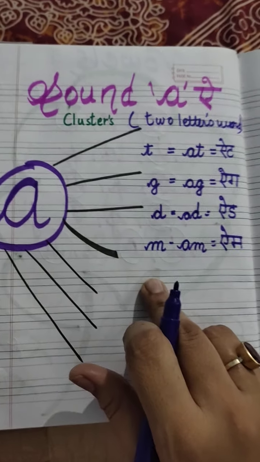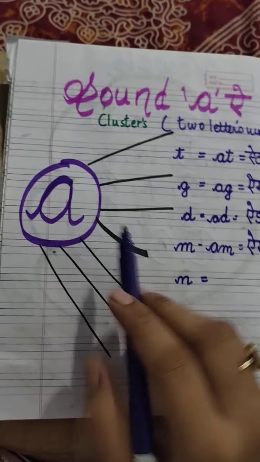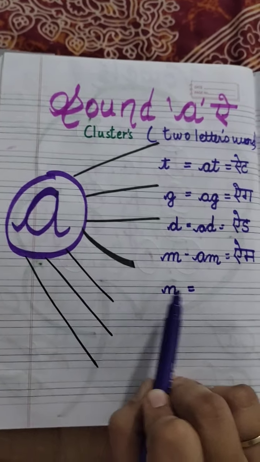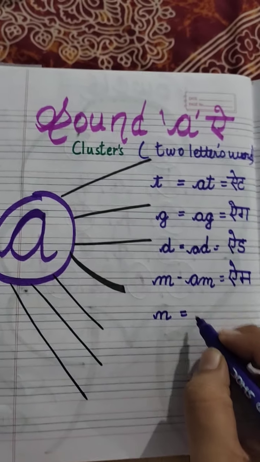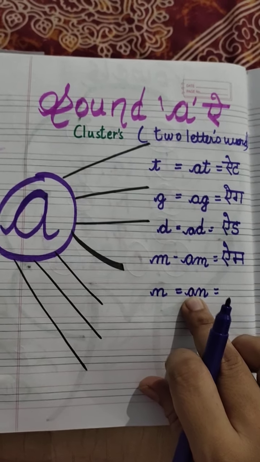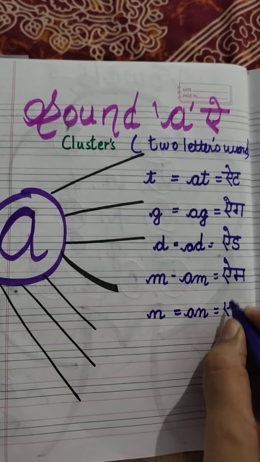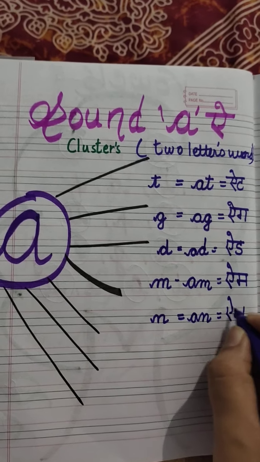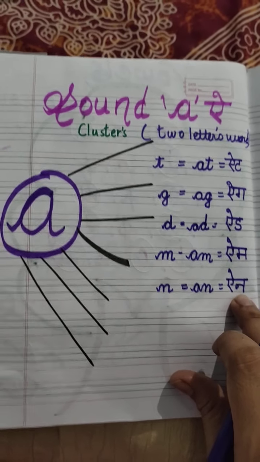Now we will take another consonant, consonant N. Again we have to join this vowel and this consonant. A and N. So this becomes our next cluster, that is an. Why? Because the sound of vowel A is A and the sound of consonant N is N. Okay.